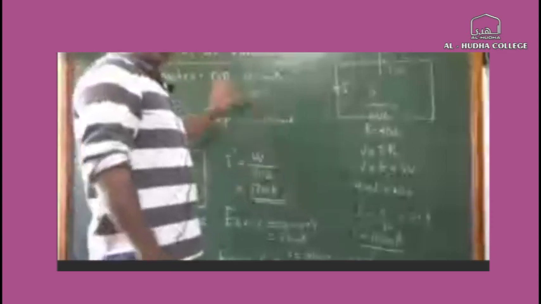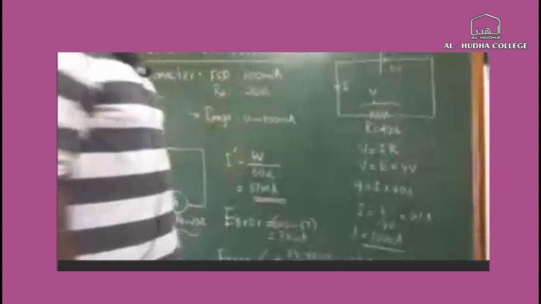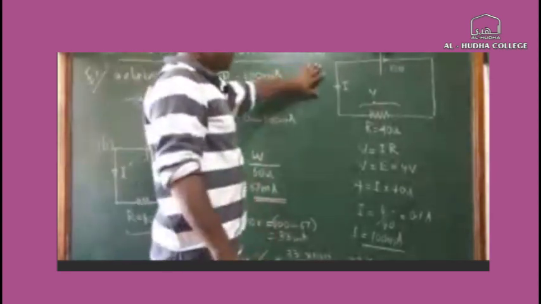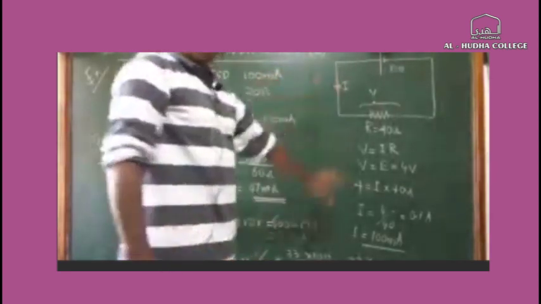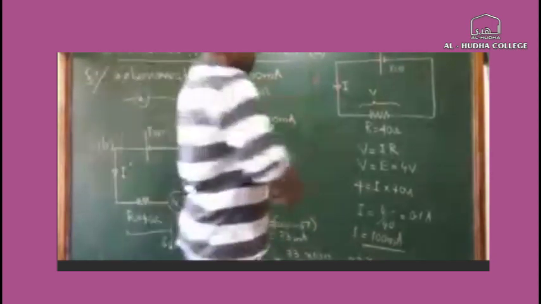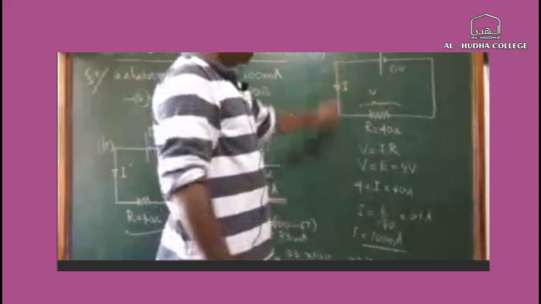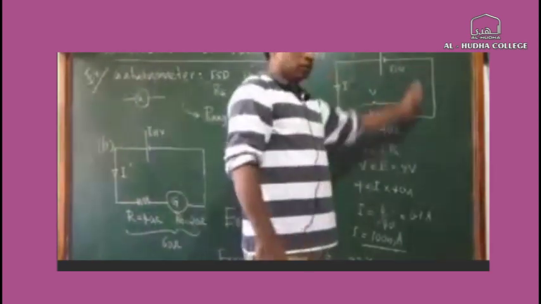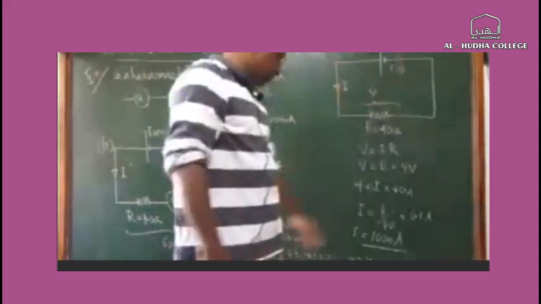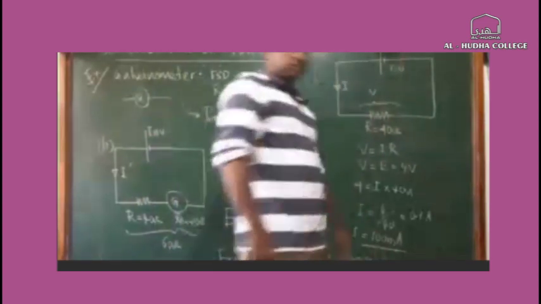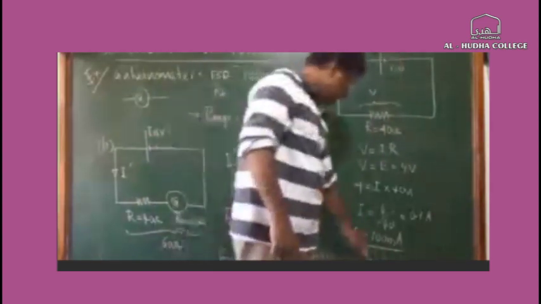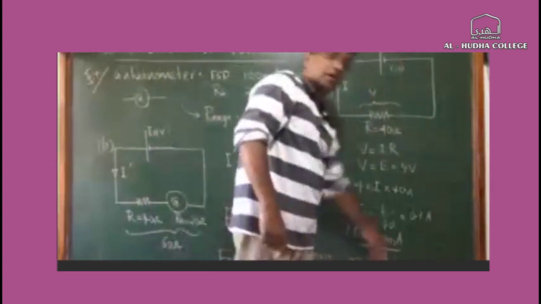So any value between 0 and 100 milliamps, this galvanometer can be used to measure. Now we take case A, where we don't connect the galvanometer. We estimate the current that can flow in this circuit using Ohm's law, and we get 100 milliamps. So the 100 milliamps is a calculated current.